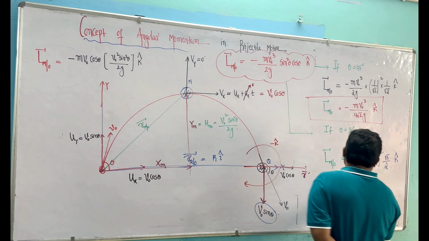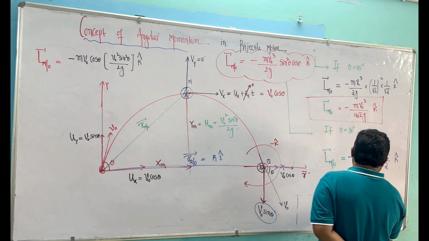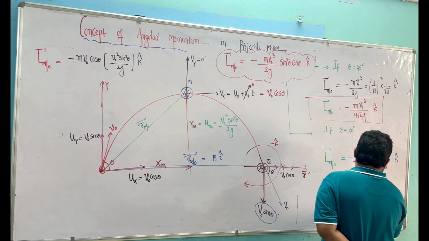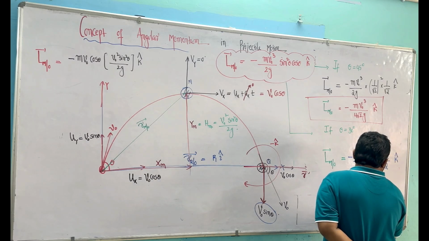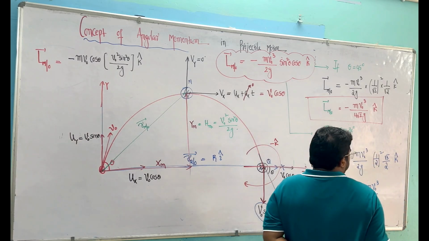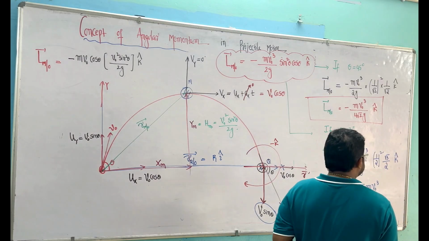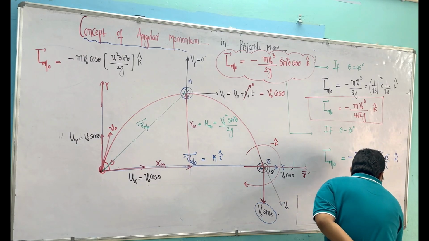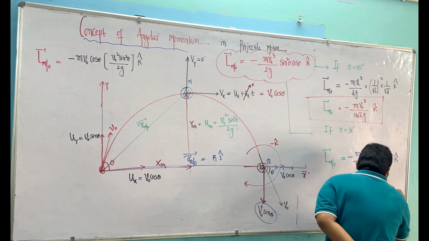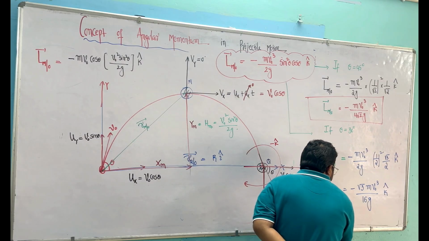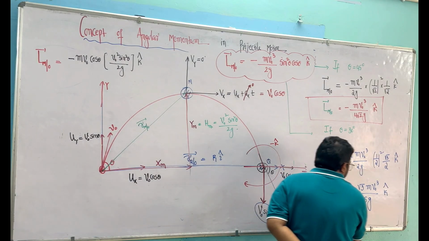Understood? This is minus root 3 M V naught cube by 2 into 4 into 8, which is 16g, K cap. That is the angular momentum at M about point O.